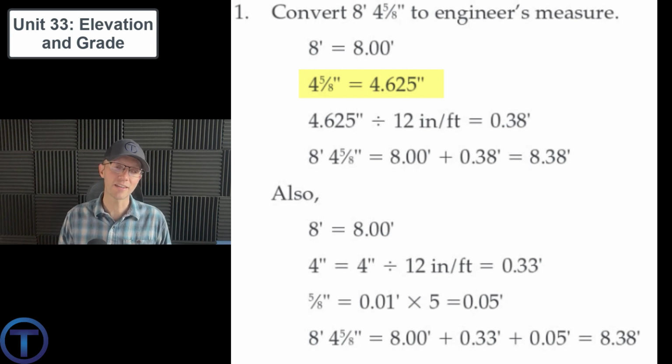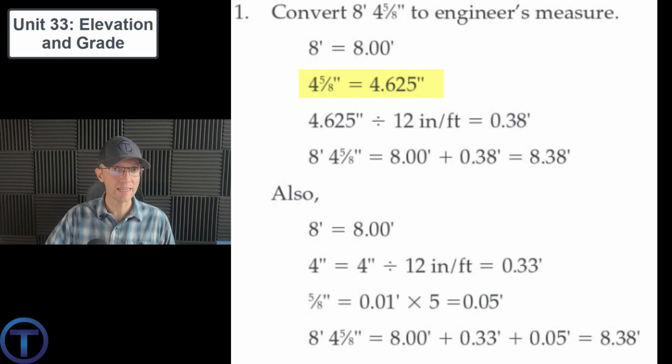If I take 5 and divide that by 8, I'm going to get 0.625. I'm going to keep that with my 4 inches. I've got 4 whole inches plus 0.625, so I have 4.625 as my decimal inches.